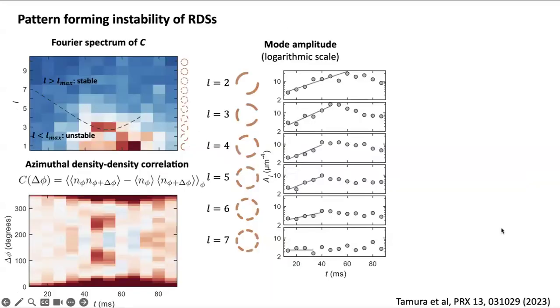We could also do a Fourier transform of this simultaneous density correlation function. What it tells us is the amplitude of individual angular modes, from L equals 2 all the way to L equals 3. And this dashed line is the size of the instability band.